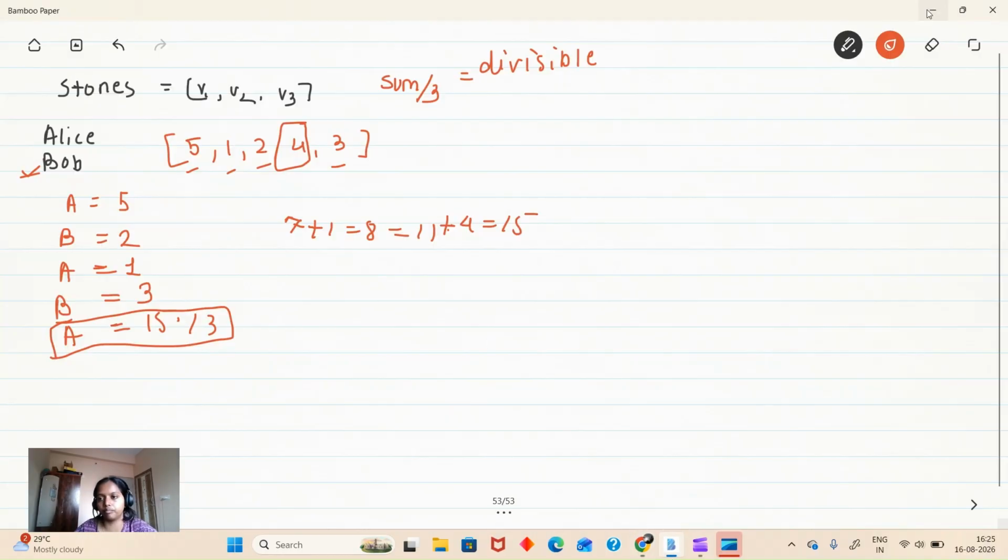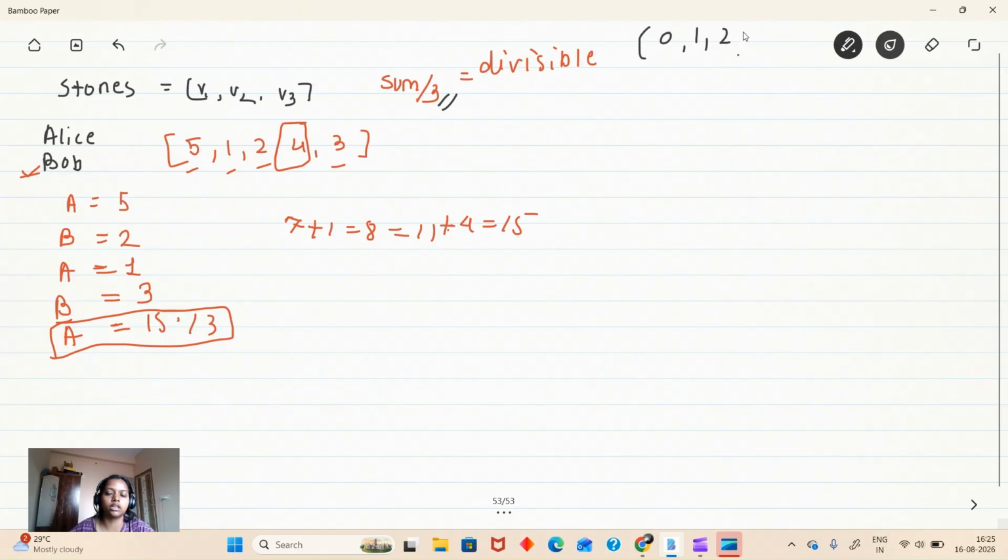First, what we are going to understand: we have these values, and we are given this 3. Instead of having all these numbers, can we convert this problem into something a little simpler, into 0, 1, 2? Why 0, 1, 2?